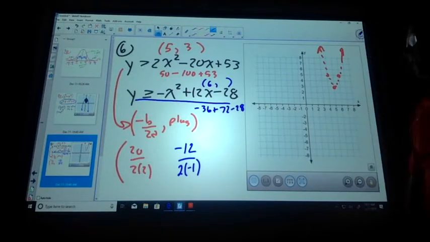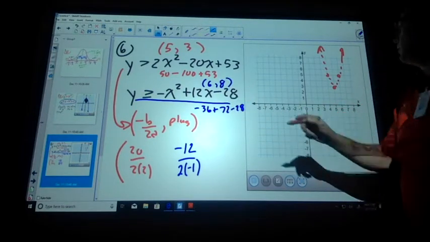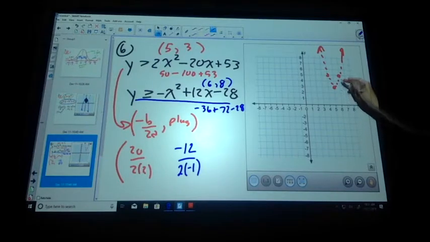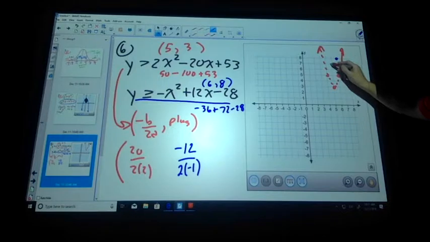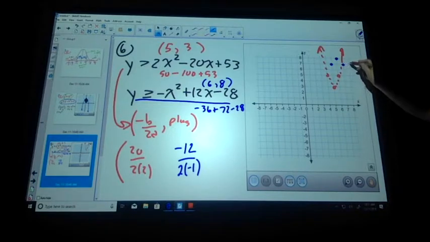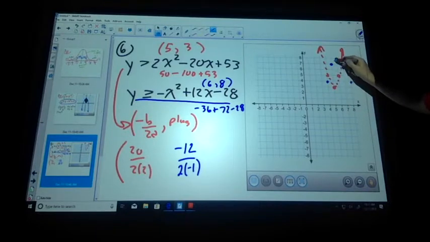Negative 36 plus 72 is 36, and 36 minus 28 is 8. So I get 6 comma 8, up here. It opens down, so right one down 1, left one down 1. Right one down 3, left one down 3. Solid line.